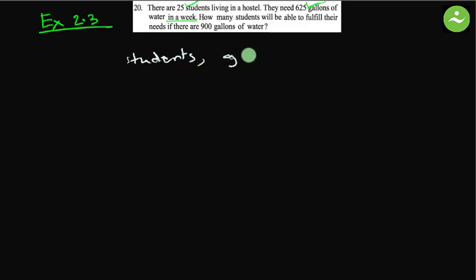Students and gallons of water. In a week, so week or period doesn't change. Now we put students on the right or gallons on the right? We have to find out how many students. So the question is how many students.